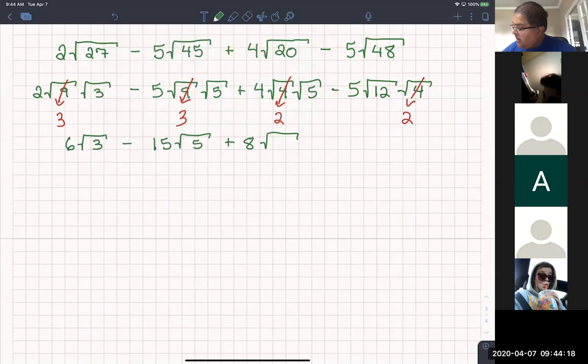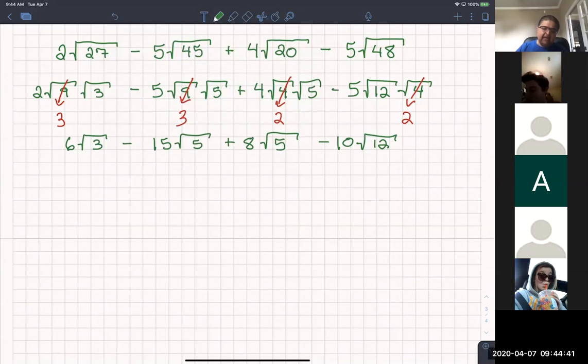Remember to multiply, not add, okay? Are all my expressions simplified? Yeah, but I don't get... oh wait, never mind.